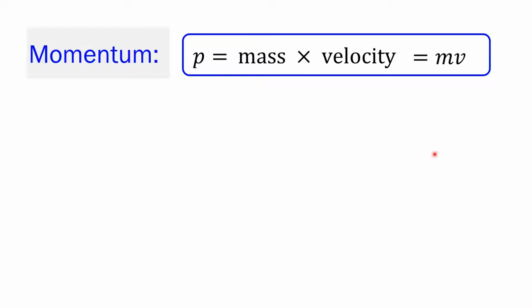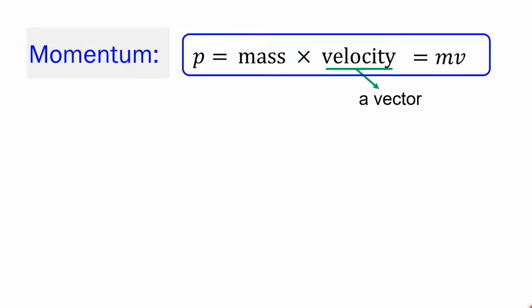I want to point out that velocity, we know from previous discussions, is a vector quantity, meaning it requires information about direction and magnitude. In the case of velocity, the magnitude is what we call speed. So if you take a vector and you multiply it by a quantity that's not a vector, in this case mass, what you end up getting is still a vector.